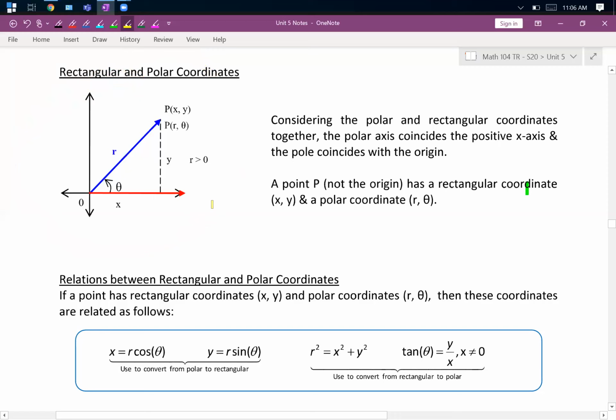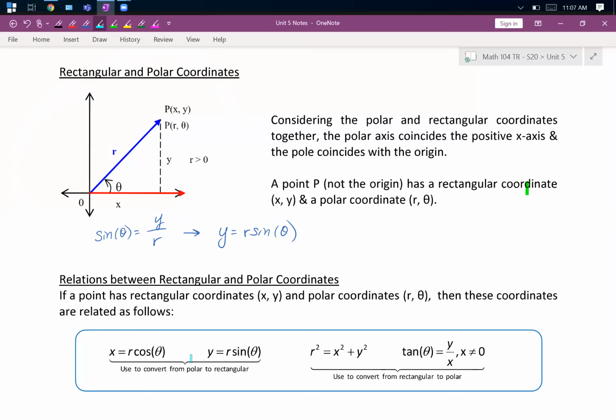So using our SOHCAHTOA rules, we know that sine of θ is equal to opposite over hypotenuse. If I solve this equation for y, I get y equals r times sine of θ.